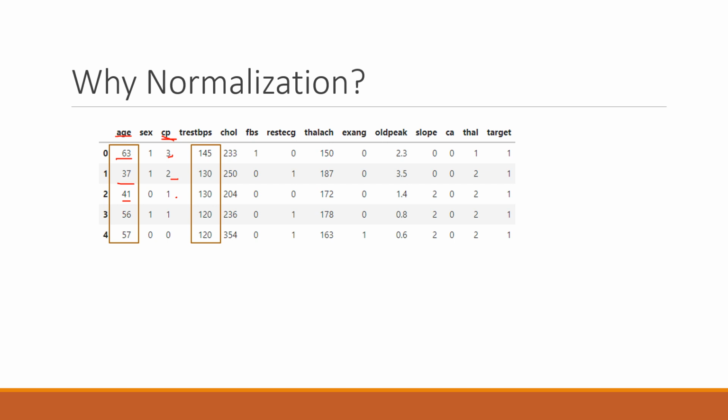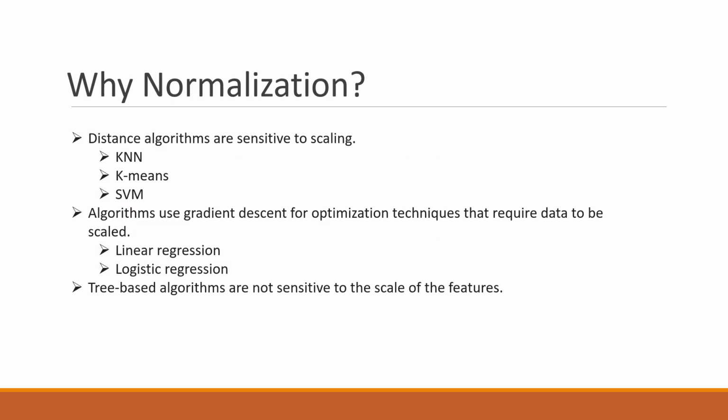Okay, so data normalization addresses these issues by bringing all features to a similar scale, typically between 0 and 1 or -1 and 1. Normalization is an important data preparation technique in machine learning because certain algorithms are sensitive to scaling. For example, distance-based algorithms like k-NN, k-means, and support vector machine use distance between data points to determine their similarity.